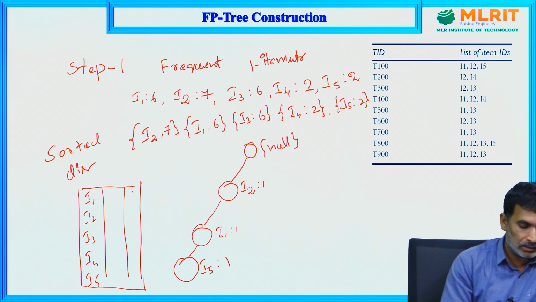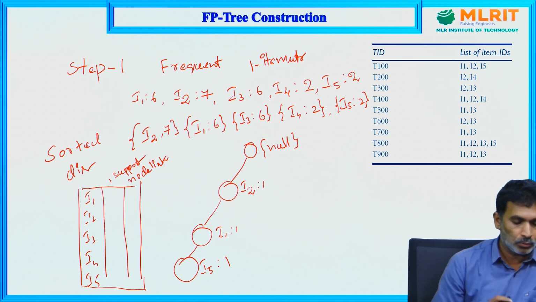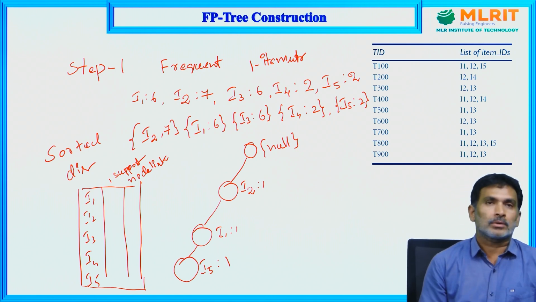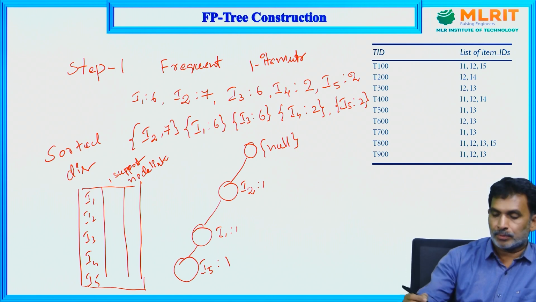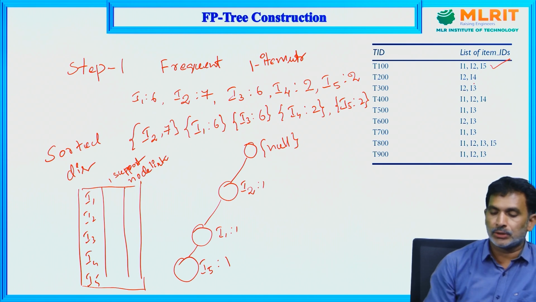And next the link, this is a node link, and this is the support. Okay, so now we have processed the first transaction.